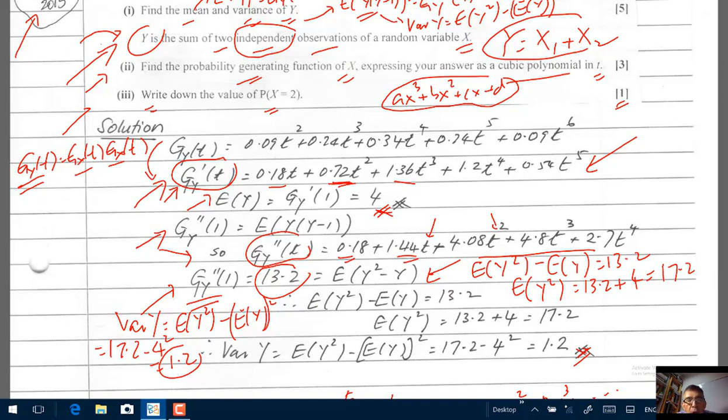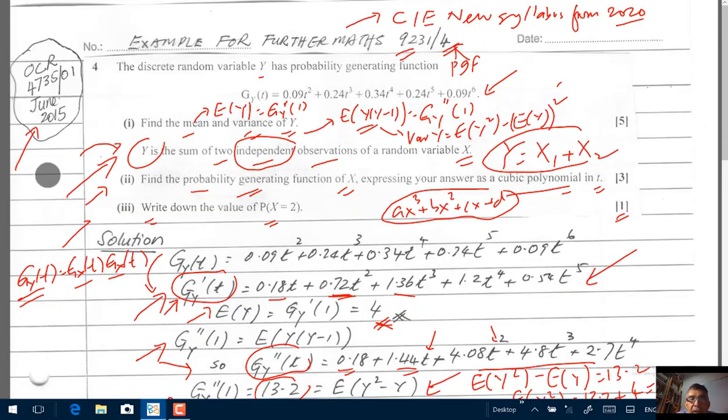Also keep in mind that the PGF of x is a cubic polynomial in T. Also keep in mind that this is the PGF of y.